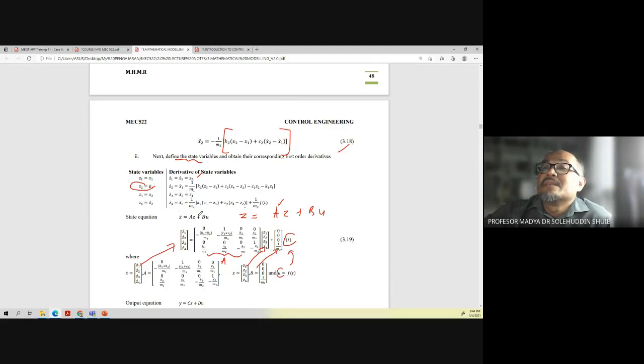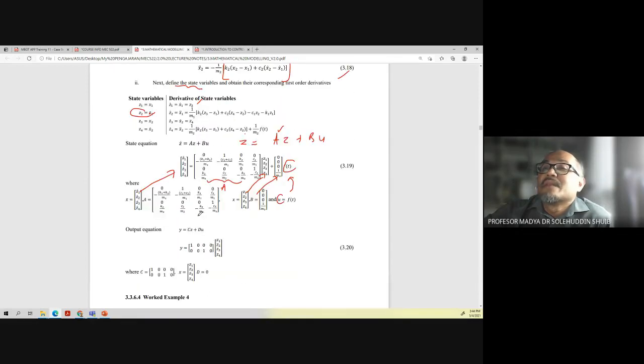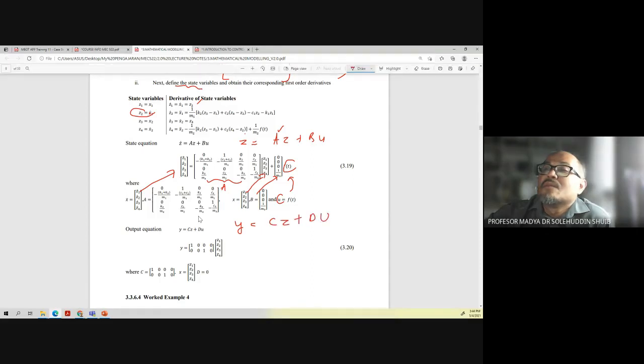So this is the state equation, and then we will have the output equation in this form, which is y. Remember the one that we have defined earlier? y equals Cz plus Du. So y is this matrix multiplied by z1, z2, z3, and z4.